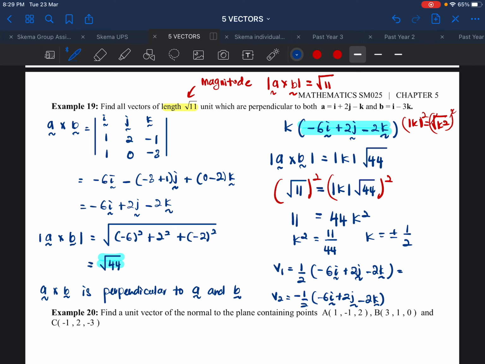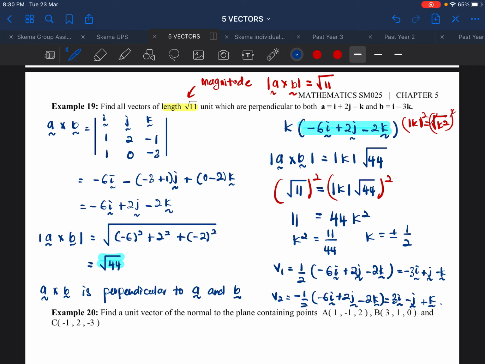So ini boleh selesaikan lah. Kita ada negative 3i plus j minus k, so ini kita ada 3i minus j plus k.